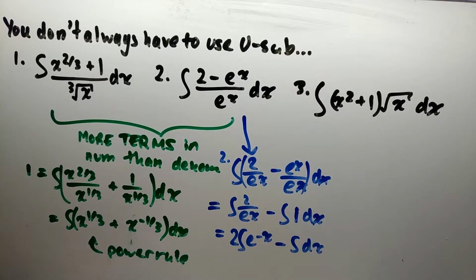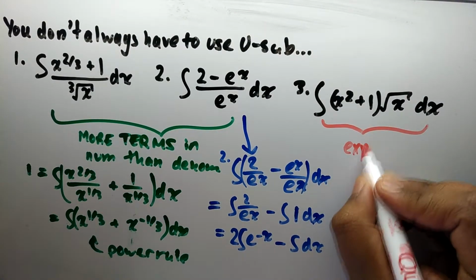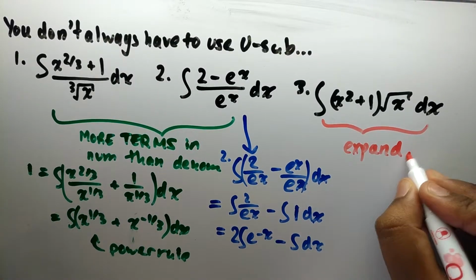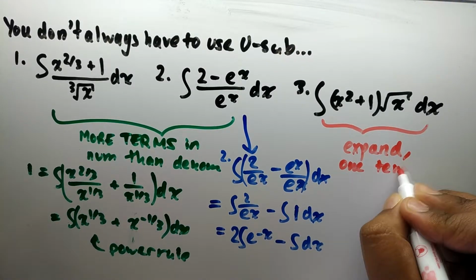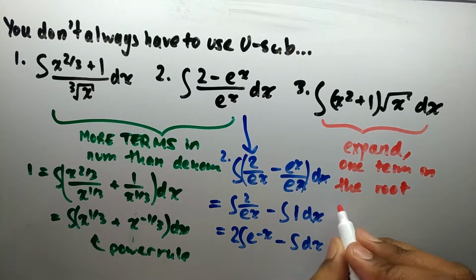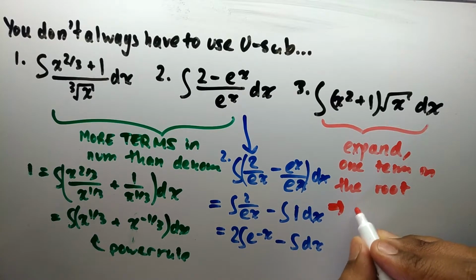Now for the last example, notice that there is only 1 term in the square root, and since there is, you can actually expand it. This is something that you should look out for. If there's only 1 term in the square root times another polynomial, you can just expand everything out, and then use the power rule.